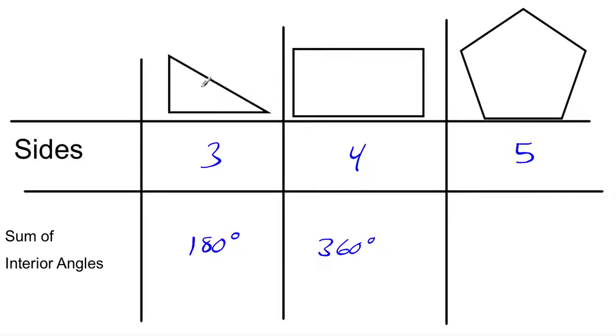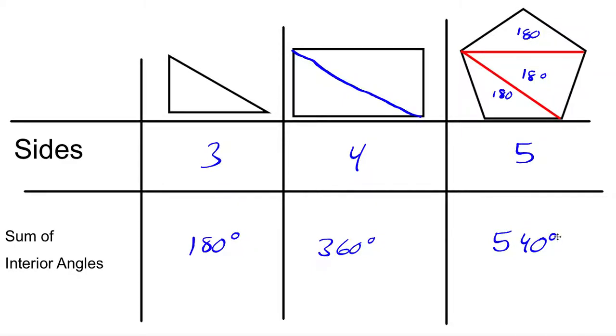Well, if I think about a triangle having 180 degrees, notice that this rectangle is nothing more than 2 triangles. Likewise, this pentagon can be divided up into 3 triangles. So this is 180, this is 180, and this is 180, making this 540 degrees.